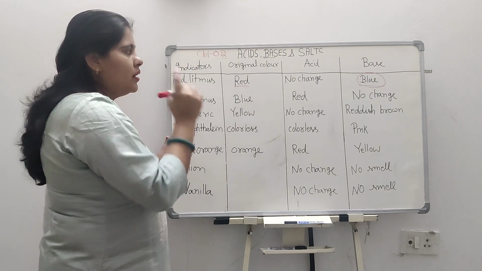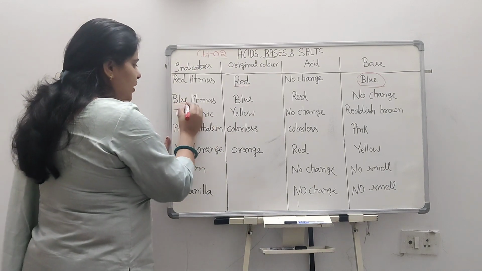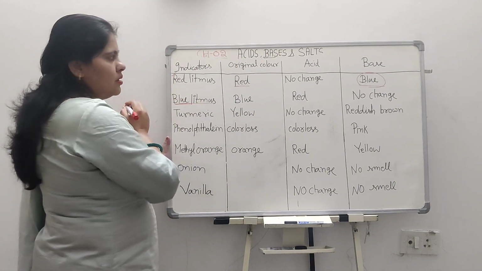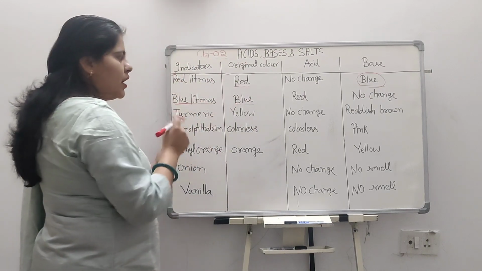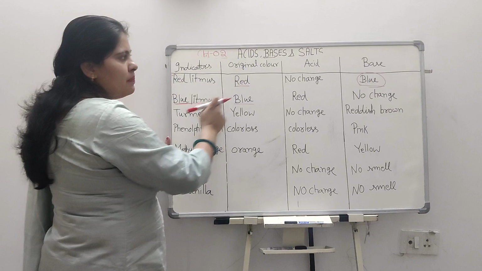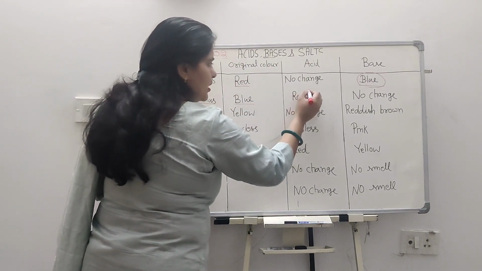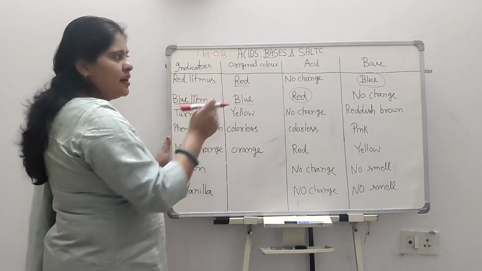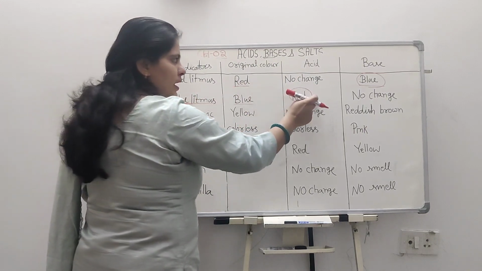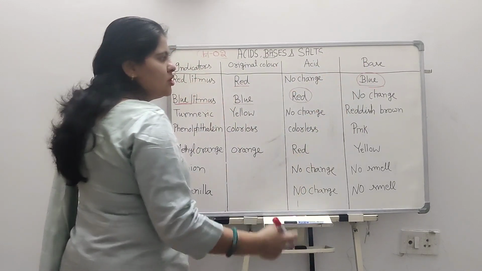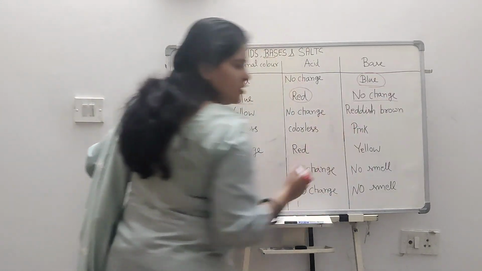Now if you take blue litmus paper, and you know its original color is blue. Now if you dip blue litmus paper in acidic solution, it turns to red. In the case of acidic solution, blue litmus turns to red, while in the case of basic solution, there will be no change.